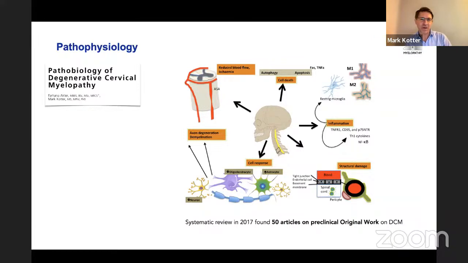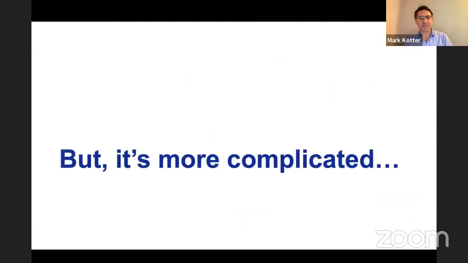That is in contrast to about 10,000 papers that were published in the traumatic spinal cord injury literature, which by all accounts is a very rare condition when you compare it to DCM. So what people have found is that there are glial responses, there's apoptosis, there's inflammation, and really we are just at the very basic start of this understanding.